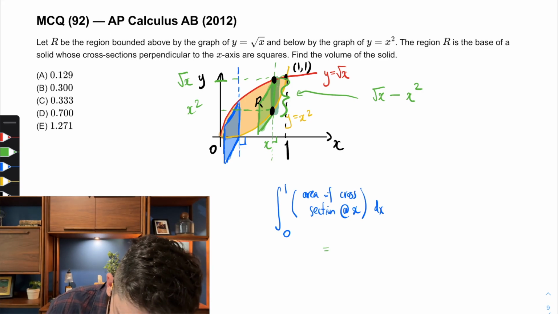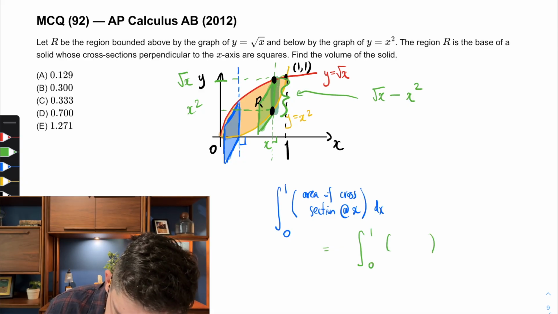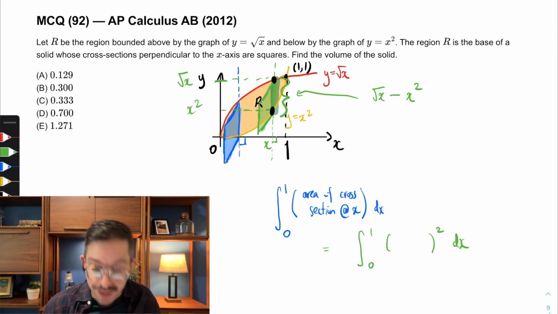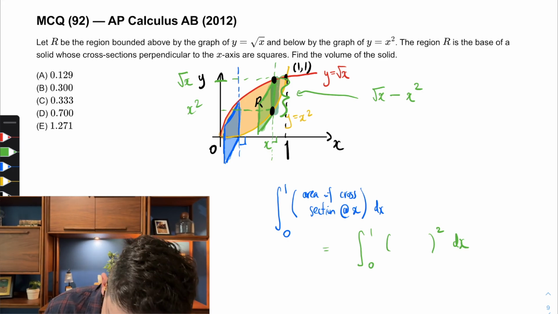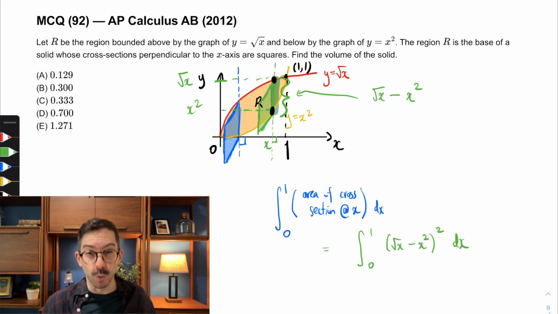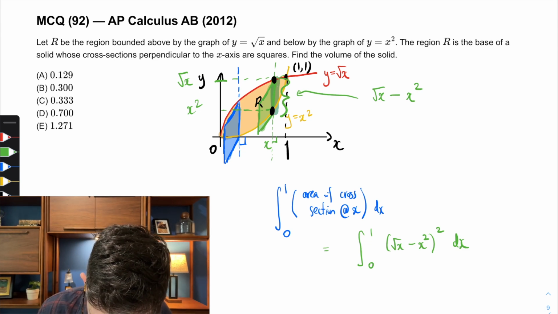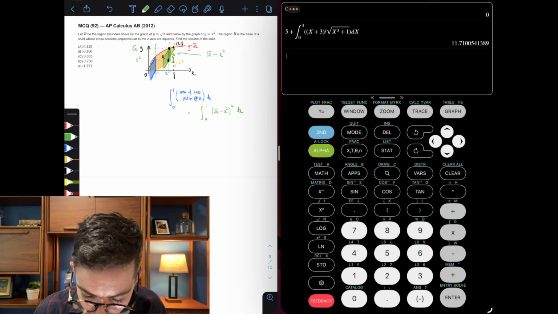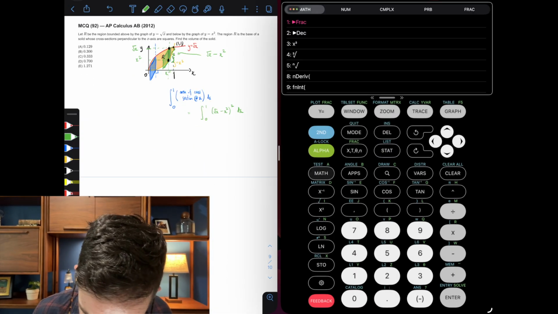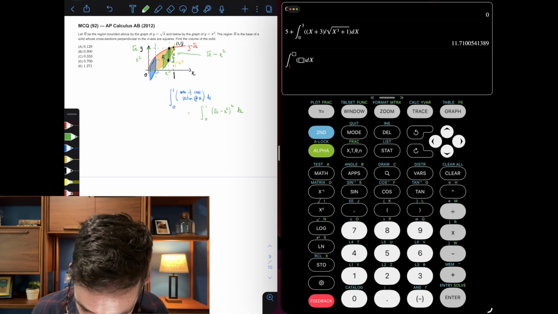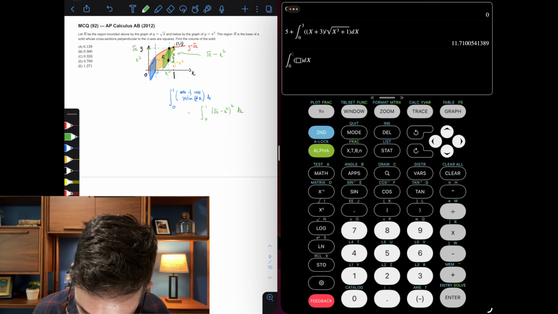So what I'm going to type into a calculator is the integral from 0 up to 1. I want the area of that square, so it's going to be the side length squared. My side length, I just figured out, is root x minus x squared. So let's pull out our calculator and calculate this different integral this time. Again, I'm going to hit Math, entry 9. I'm integrating from 0 up to 1.